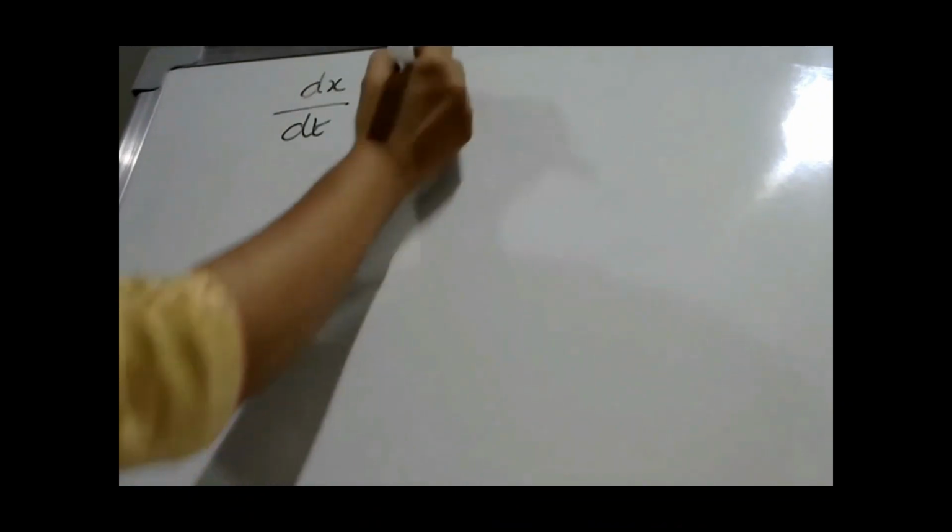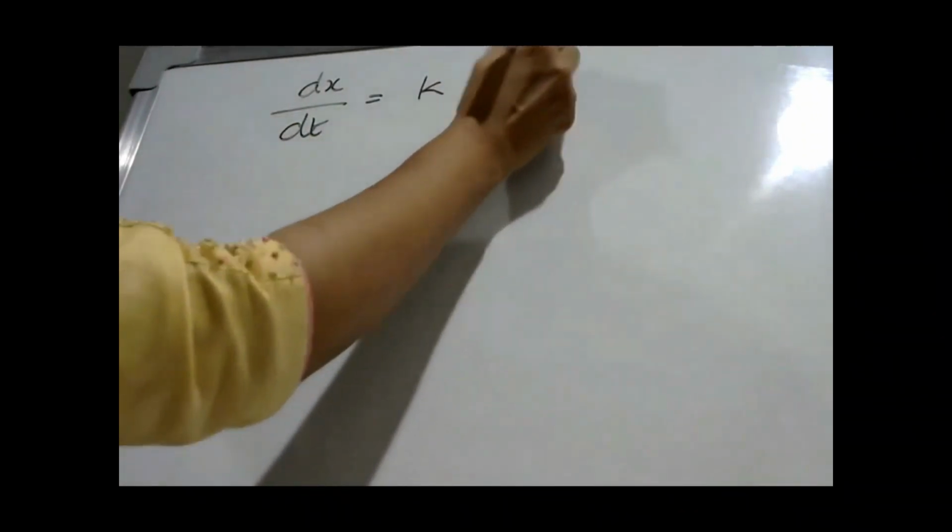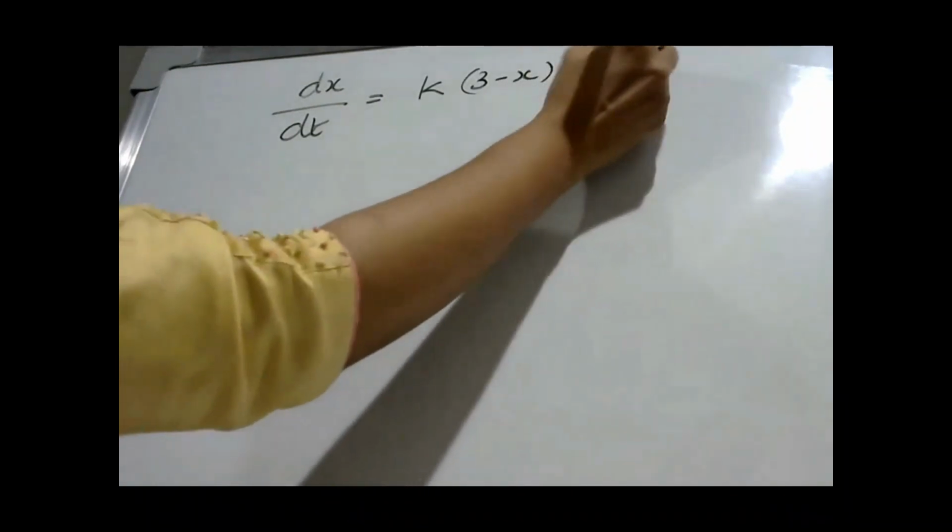Now come to the second part of the question. It said that the rate of change is given by the equation dx over dt is equal to k times (3 minus x) times (6 minus x).